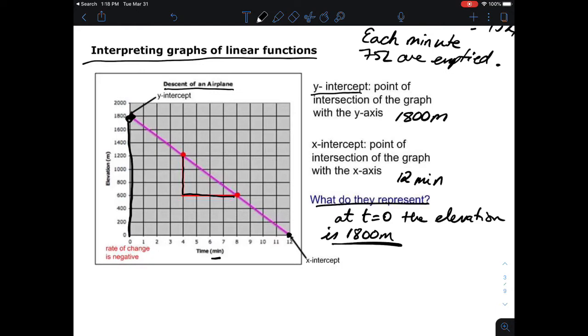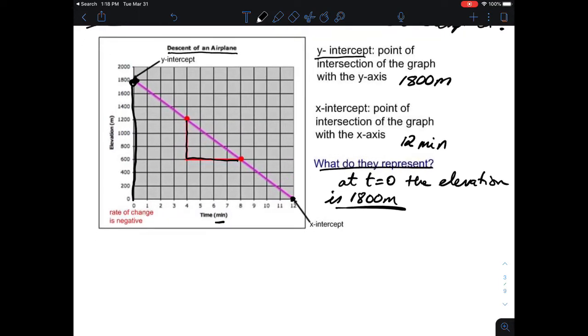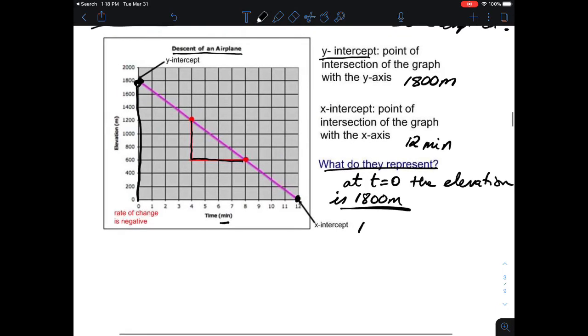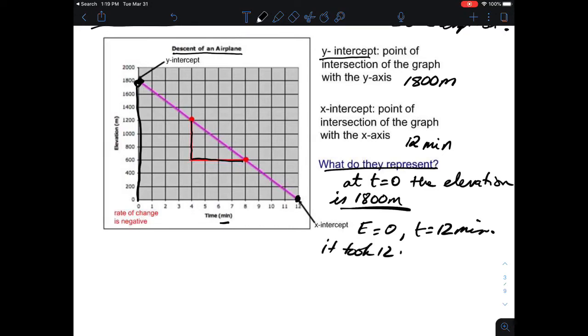So that means that's the height of the elevation of the airplane before it begins its descent. And then down here at an elevation of 0, the time is 12 minutes. So that means it took 12 minutes to descend.